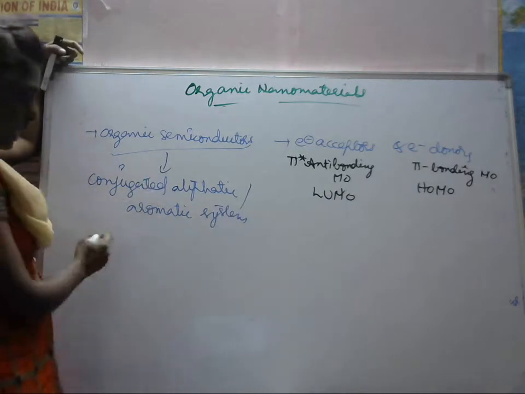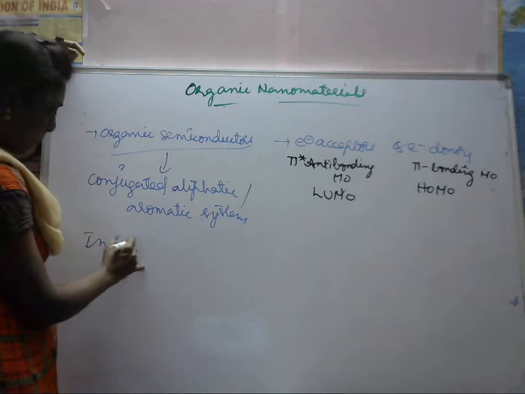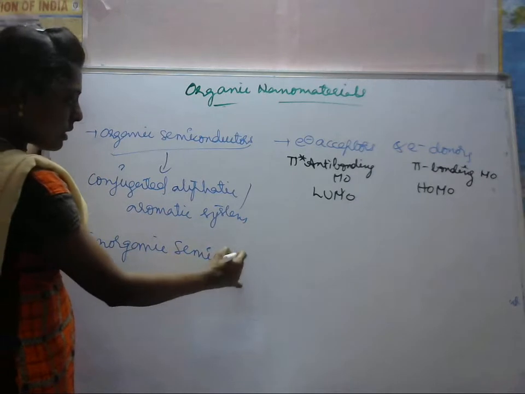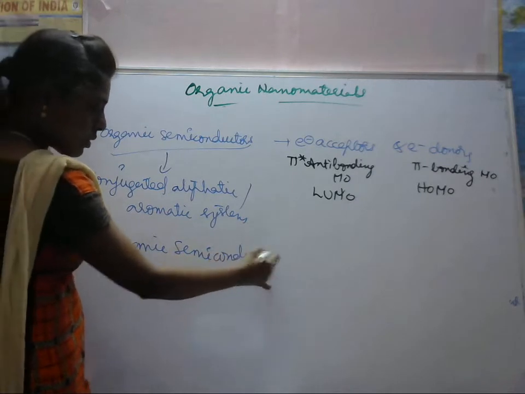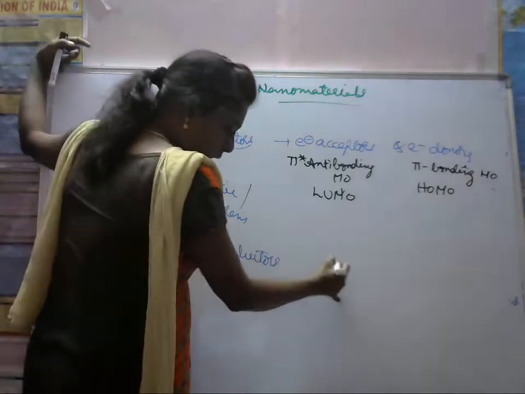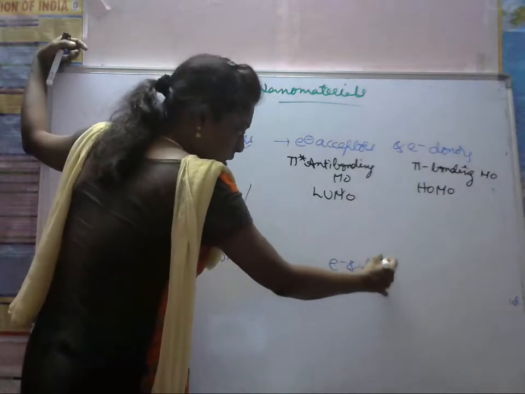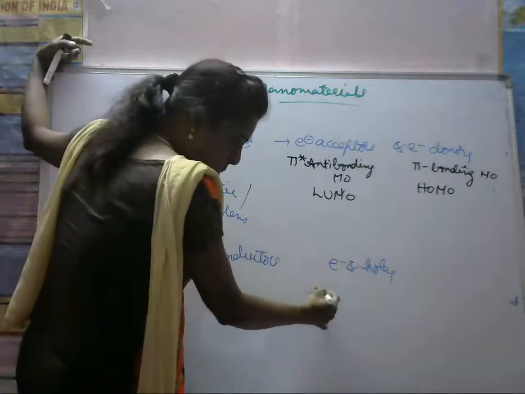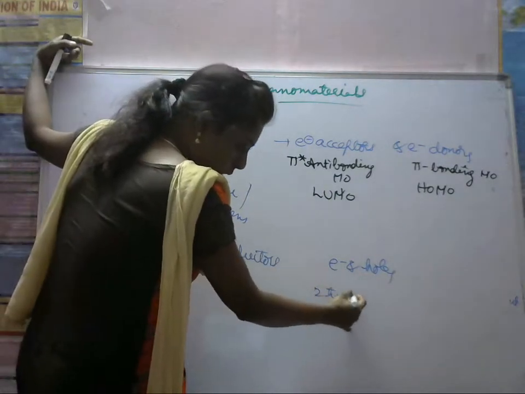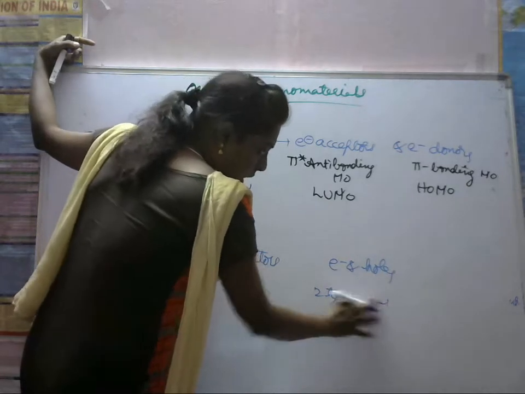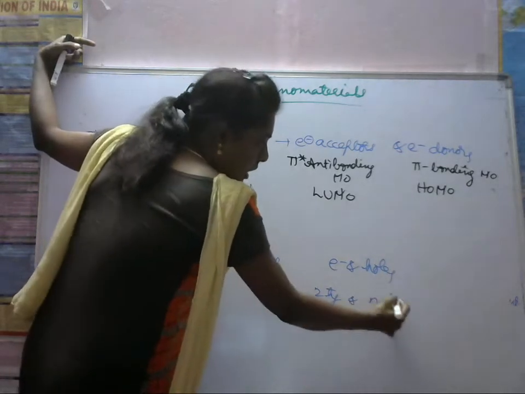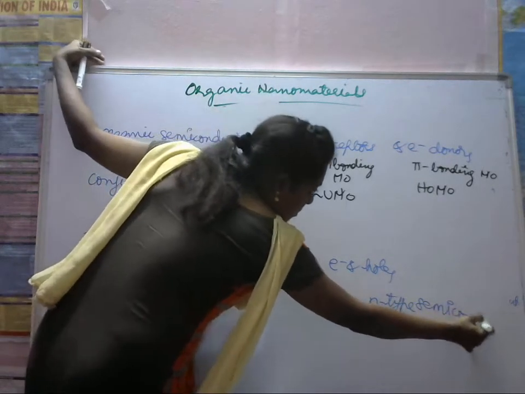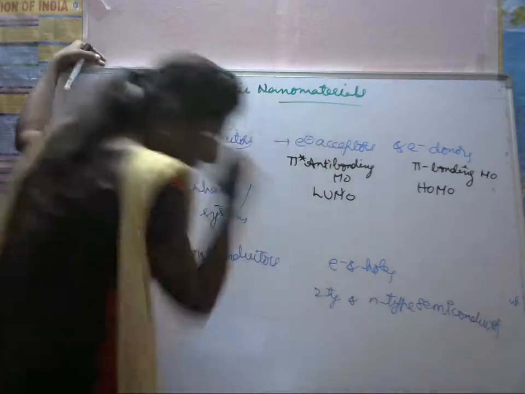Now let's see the inorganic semiconductors. Here there are electrons and holes, and there are two types: N-type and P-type semiconductors.